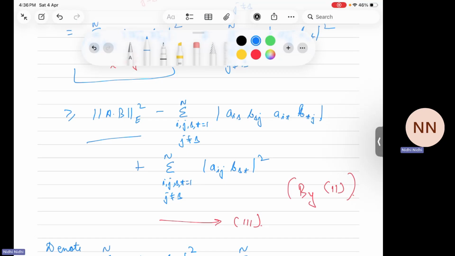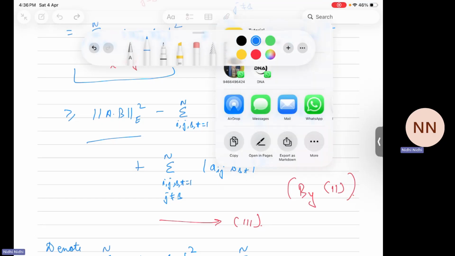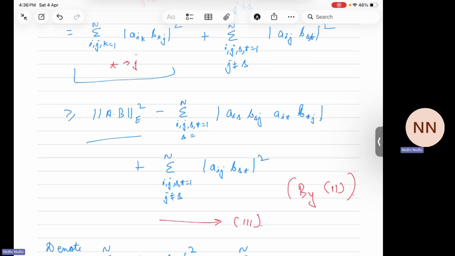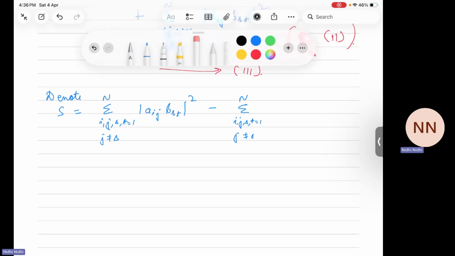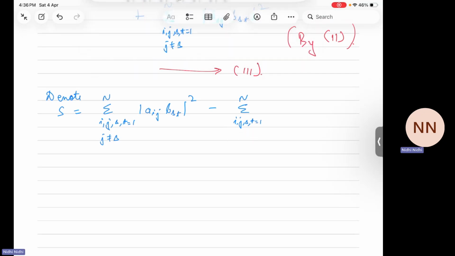And since I am writing t instead of k, it should be s not equal to t. This is ais bsj ait btj.